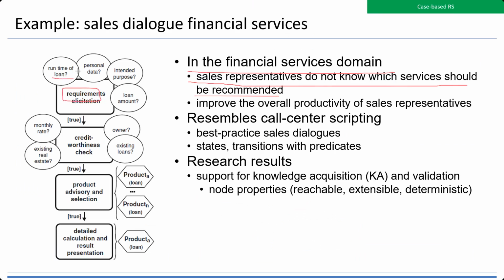For example, how long is the loan, the run time of the loan. And they might ask you for personal data. And they want to know what the purpose is. Is it for education, or is it for housing? Is it for buying a car? Is it for your investment, etc.? And how much you want to borrow. Those kinds of questions will be the basic questions.